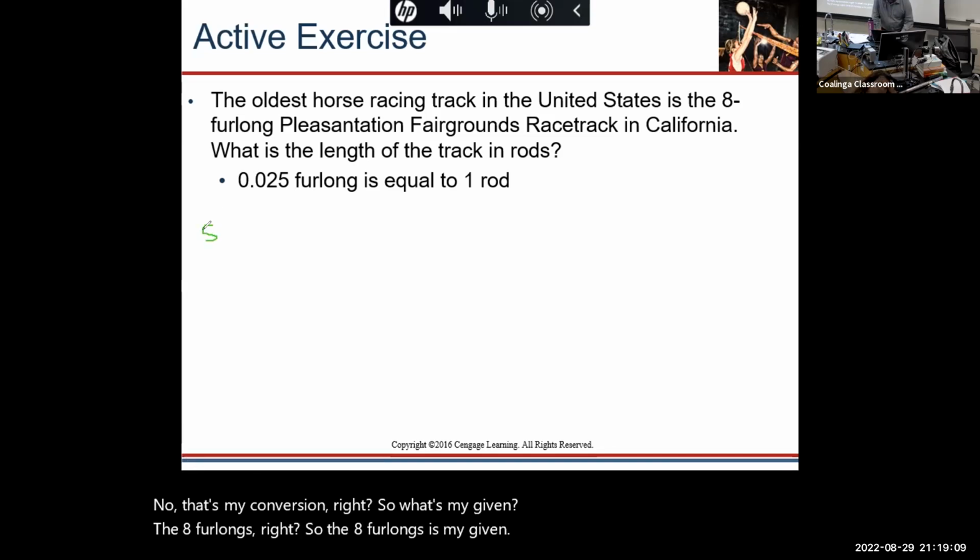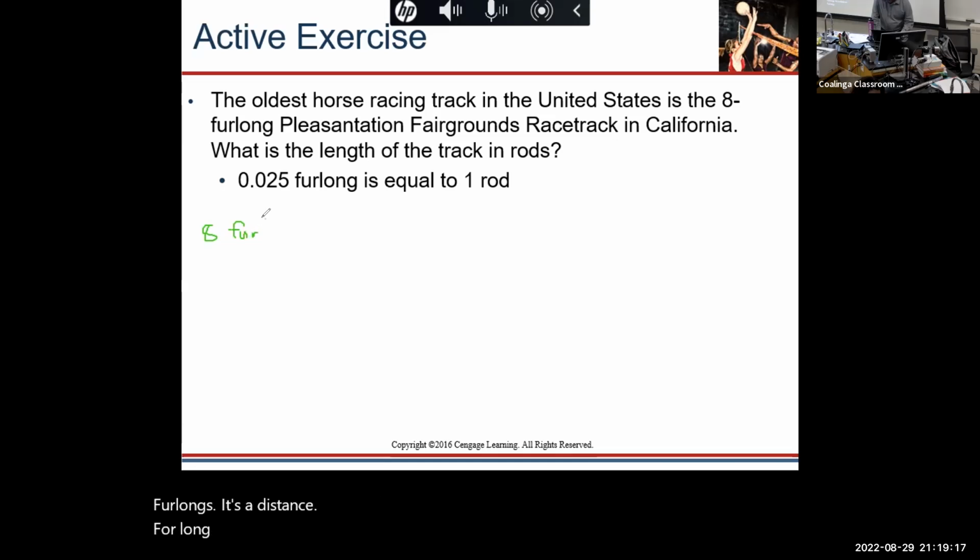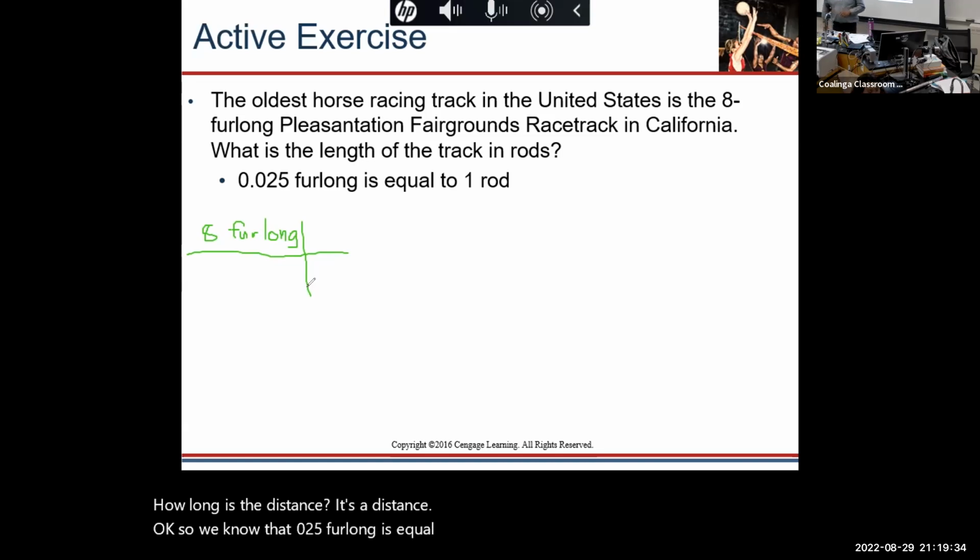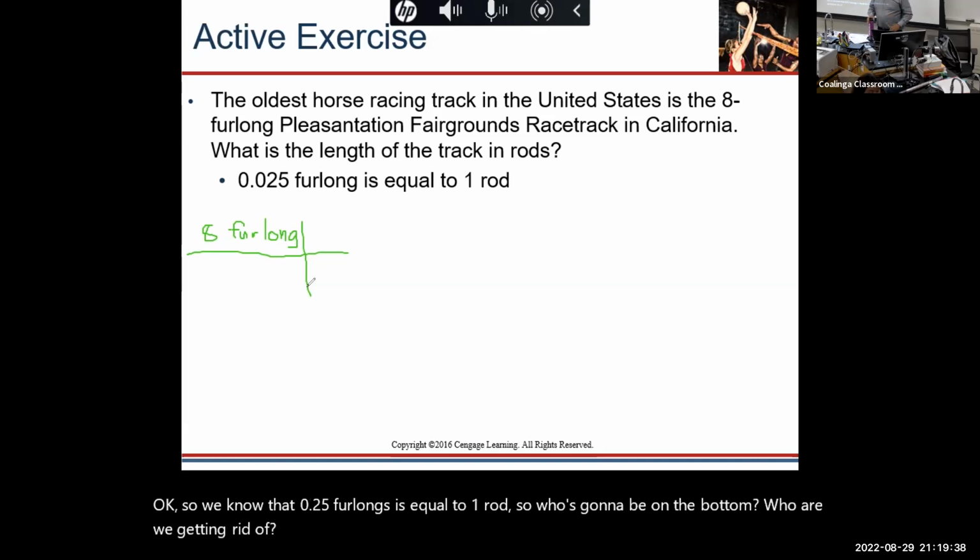So I'm going to start off with 8 furlongs. Furlong is a distance. Okay, so we know that 0.025 furlong is equal to 1 rod. So who's going to be on the bottom? Who are we getting rid of? The furlong.